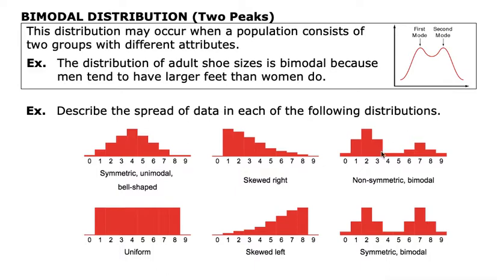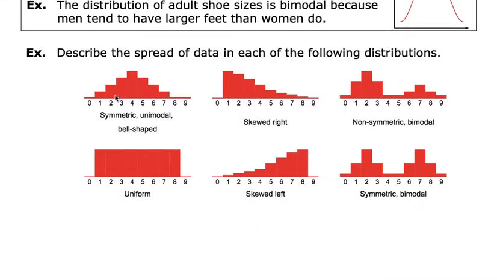Now, for this right here, these bars look like discrete data with whole values, but the distribution titles are still valid. So, describe the spread of data in each of the following distributions. This is symmetrical because it's balanced left and right, and it's unimodal, meaning that there's one peak. This right here is skewed right because the tail is on the right-hand side. This is non-symmetric bimodal.